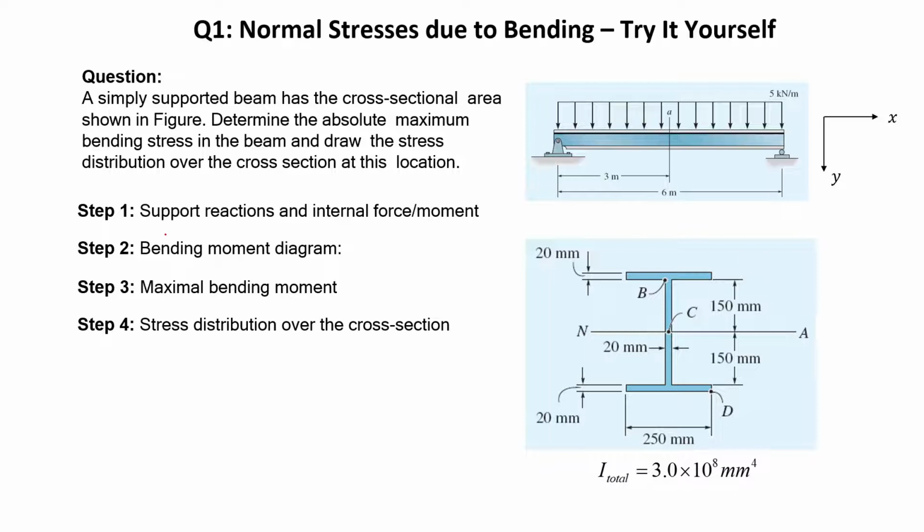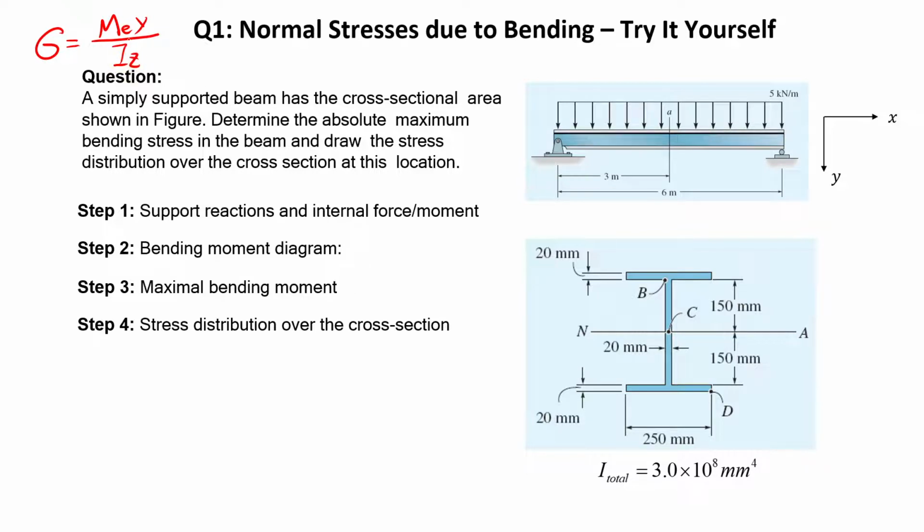Step 1, we simply calculate the support reactions and internal force moment, because eventually what we want to calculate is sigma. But we need to know the moments, and we need to know the y over Iz.